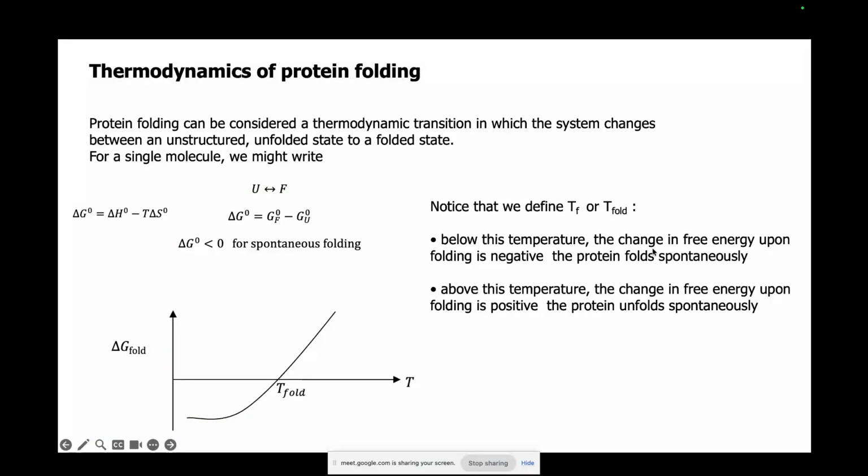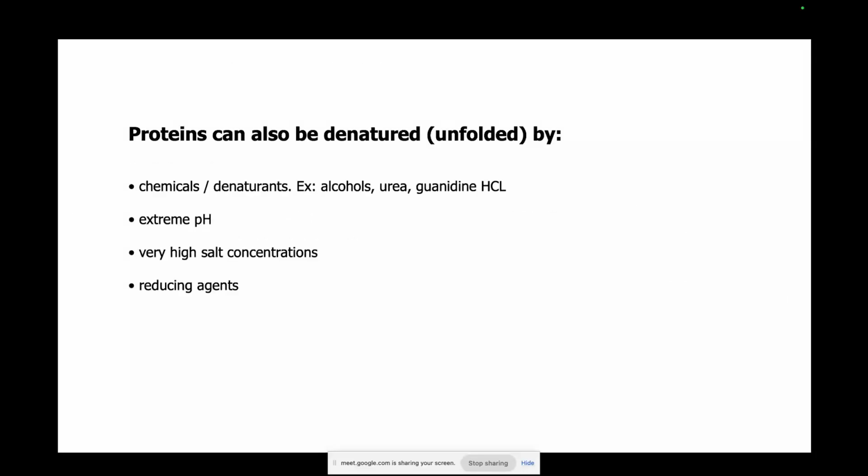So the key takeaway is that there is a temperature dependence on the folding of the protein, and there have been several studies to identify a good temperature range for which protein folds positively. Now, temperature is one way.